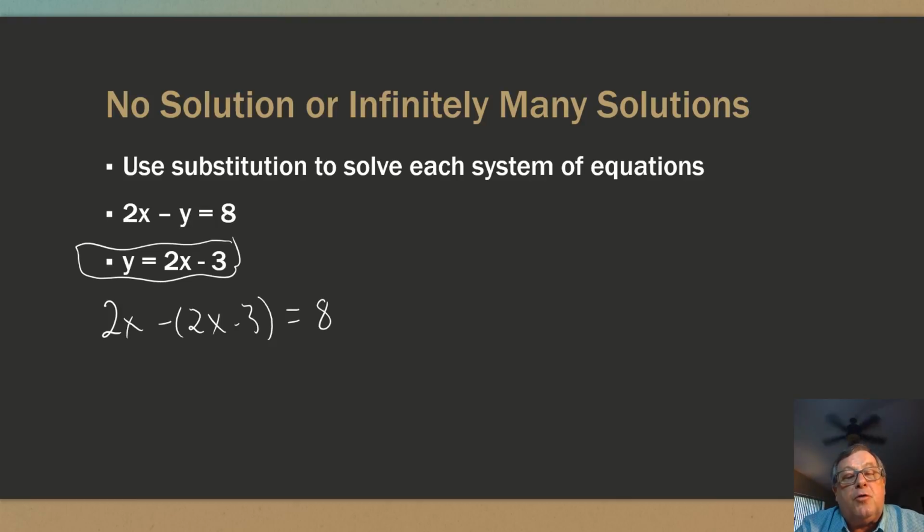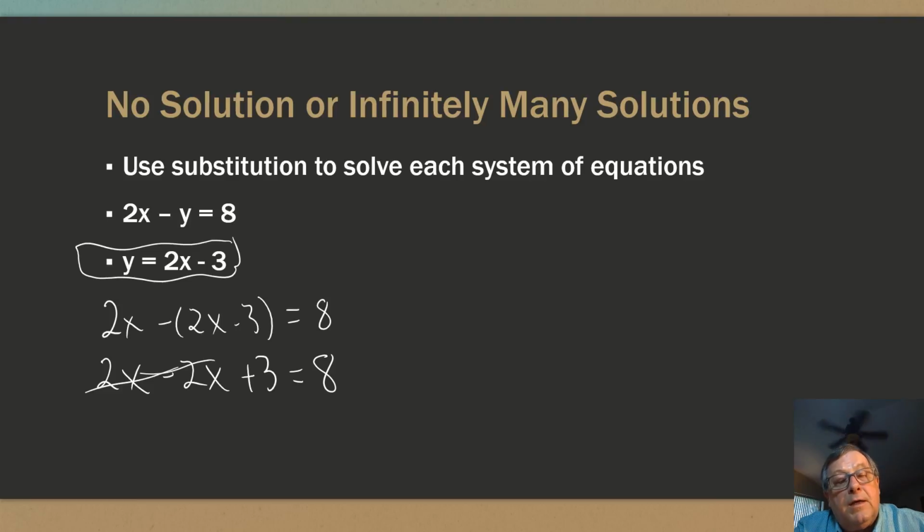And so I need to distribute a negative 1 to what's inside that parentheses, 2x minus 3. And when I do, I've got 2x minus 2x plus 3 equals 8. Well, the 2x and the negative 2x are going to cancel. And it's just going to leave me with 3 equals 8.